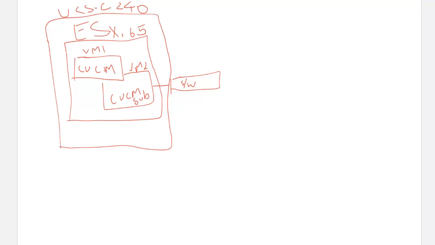Just focus on Cisco Unified Communications Manager right now. This UCS chassis is connected to a switch, and then this is again connected to an ISR router. This is an ISR 4331, and this is configured as a CUBE.